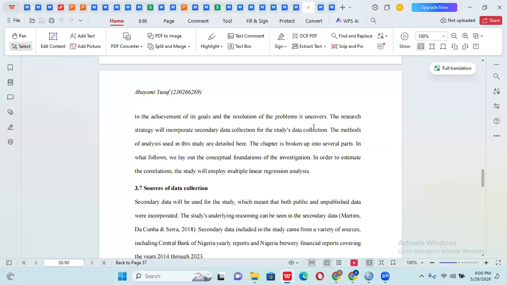All right, look at this. The research strategy will incorporate secondary data collection for the study data collection.